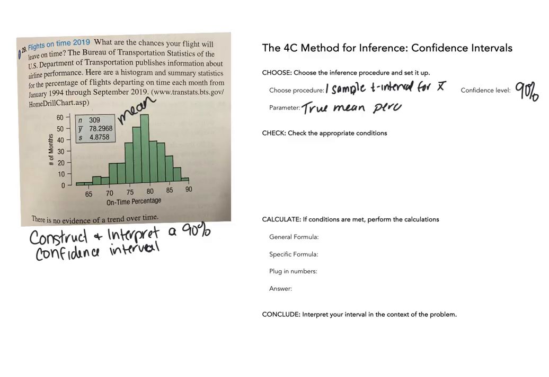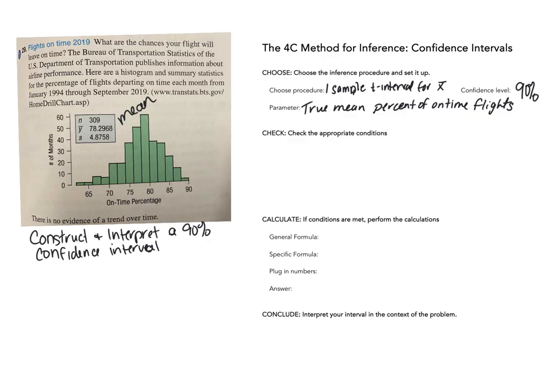So they found the percent of flights that departed on time, and then they found the average of each month. So the true mean percent of on-time flights. It's important that you identify the parameter. It's one of the things that they look for in the beginning of the question. Do you know the context of the problem, what you're talking about?